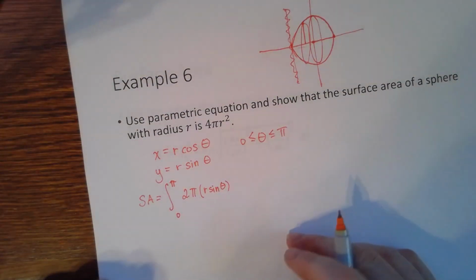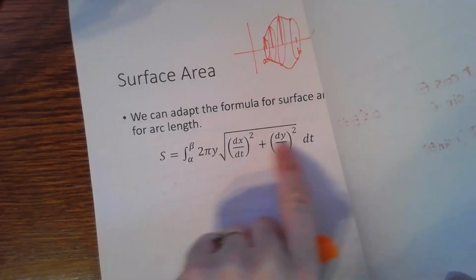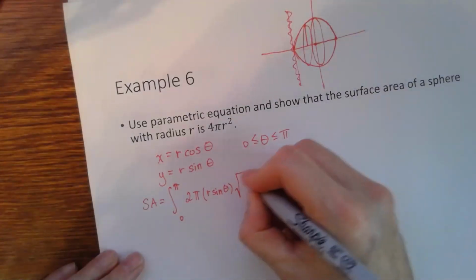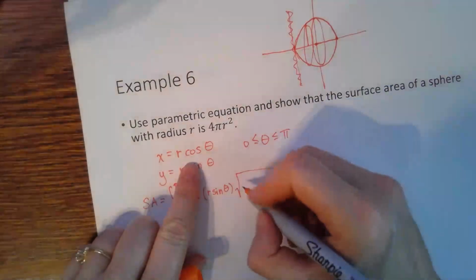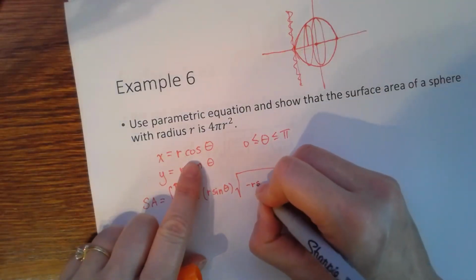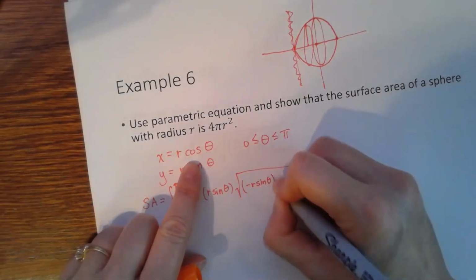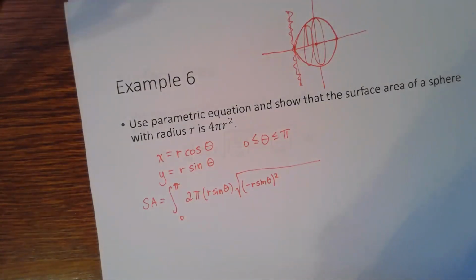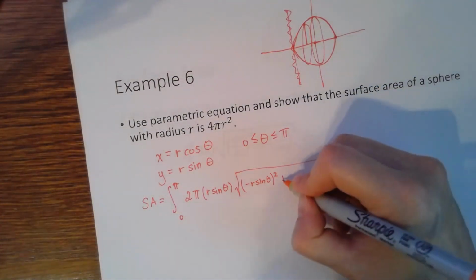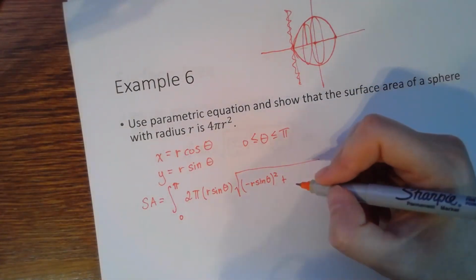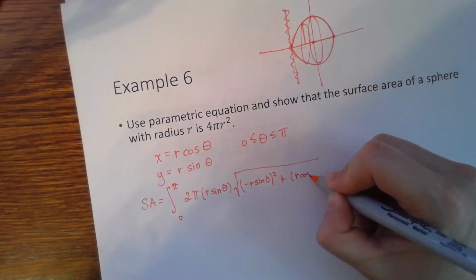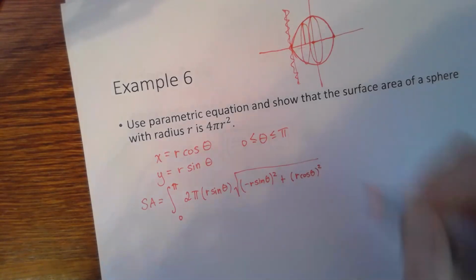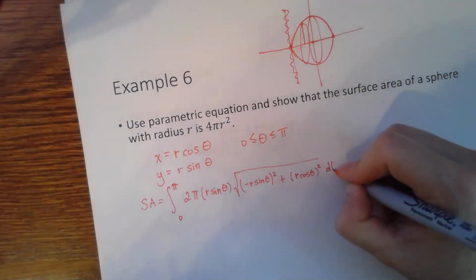Then the arc length is given by the square root of dx/dt, which is negative r sine theta, squared, plus dy/dt squared, which is r cosine theta, squared, and then d theta.